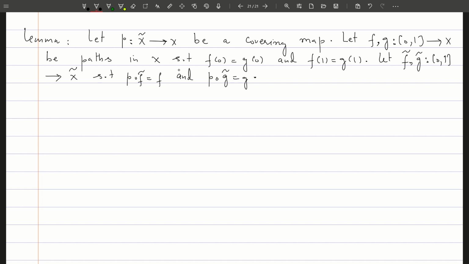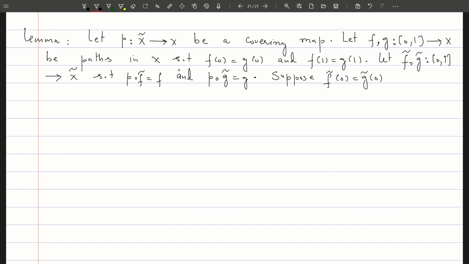Suppose f tilde and g tilde agree at the first point. So suppose f tilde of 0 is g tilde of 0, i.e. they agree at the initial point.